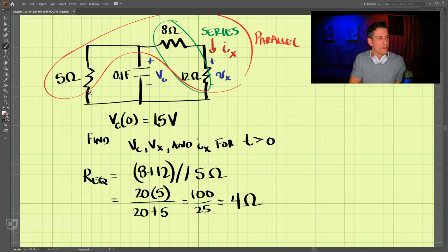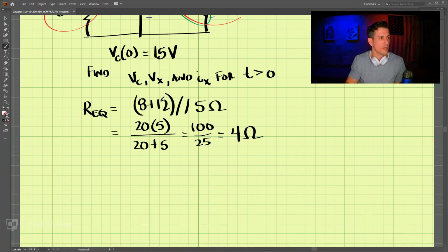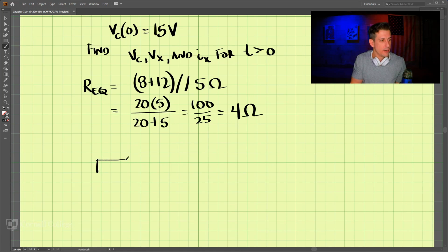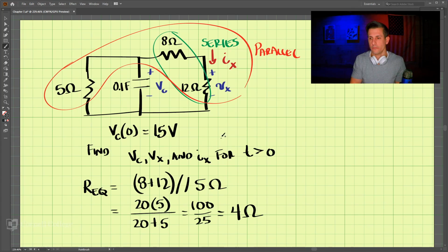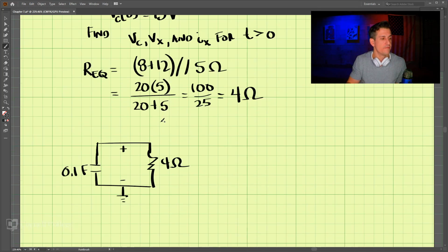Now we're going to redraw this circuit a little bit. What we have here is a capacitor, which is 0.1 farads, and then our equivalent resistance over here, which is 4 ohms. The voltage across this, from the top to the bottom, is actually Vc.